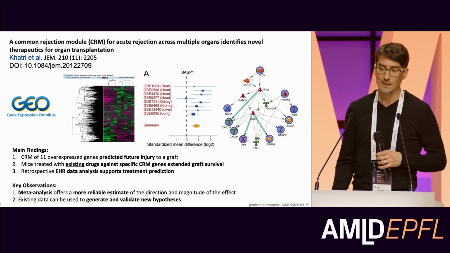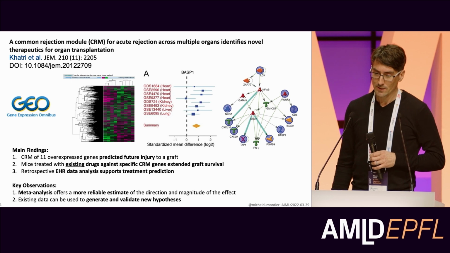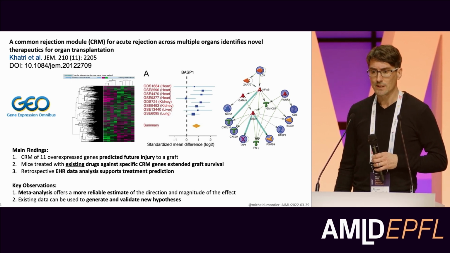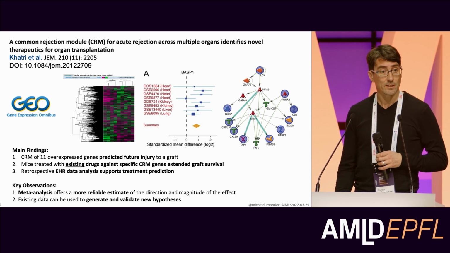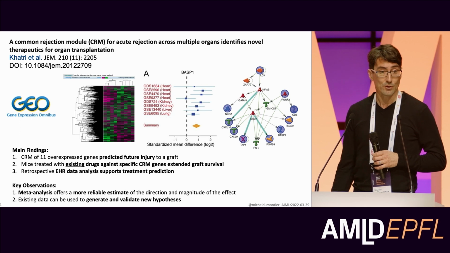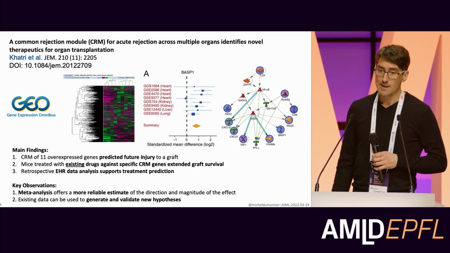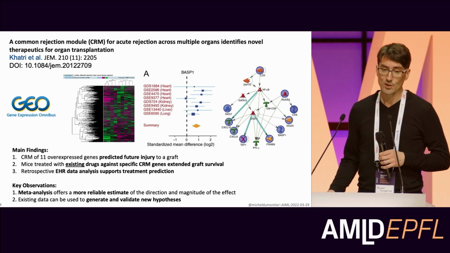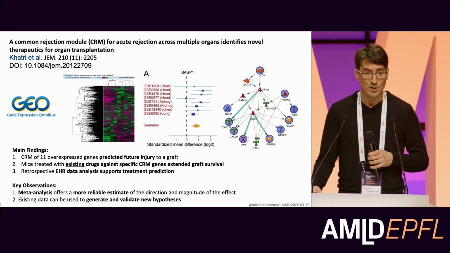So let me give you an example of this kind of work. This is work by a colleague of mine at Stanford, Professor Khatri, and he was interested in developing a gene signature for acute rejection, organ transplant rejection. His strategy, and the strategy of the team, was to look through a database called the Gene Expression Omnibus. This is a database of gene expression data.